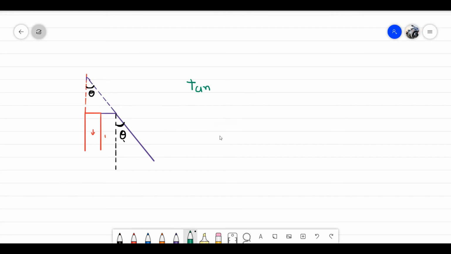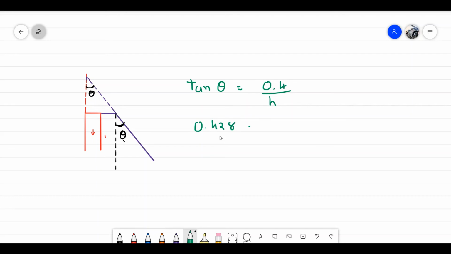So tan theta is equal to 0.4 divided by this height, means small h. I give all the details in the notes, you can read it, but this calculation depends on the figure.